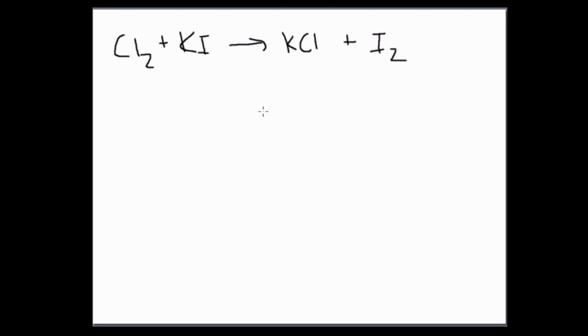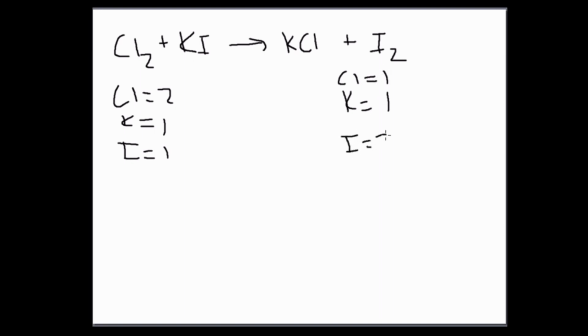This is not balanced. There are 2 chlorines here, 1 potassium and 1 iodine, versus on this side there's 1 potassium, 1 chlorine, and 2 iodine. In order to get 2 iodines and 2 chlorines, you need to put a 2 here and a 2 here, which will in turn also fix the potassium on each of these.